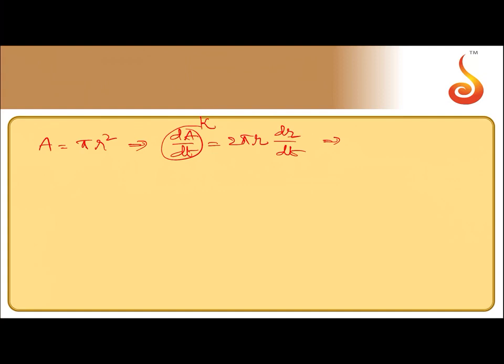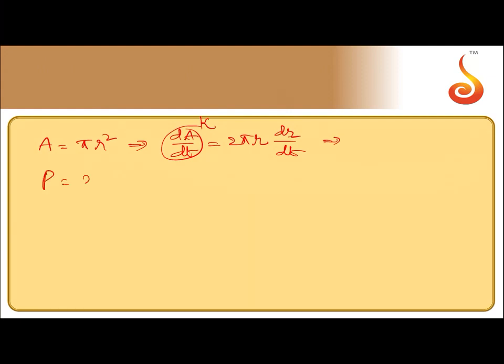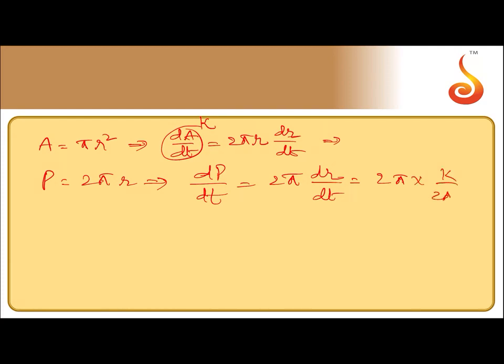Let me assume that. And the perimeter, so the perimeter is equal to 2πr. Let me take dp/dt, that is equal to 2π multiplied by dr/dt. And let me substitute, 2π dr/dt is nothing but k divided by r.